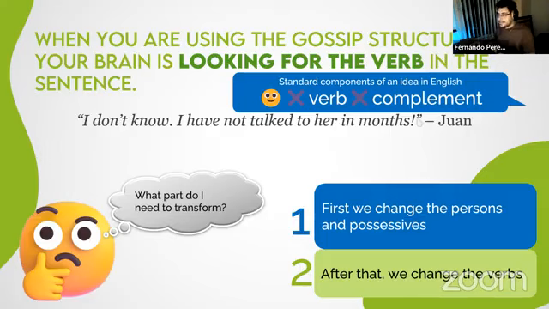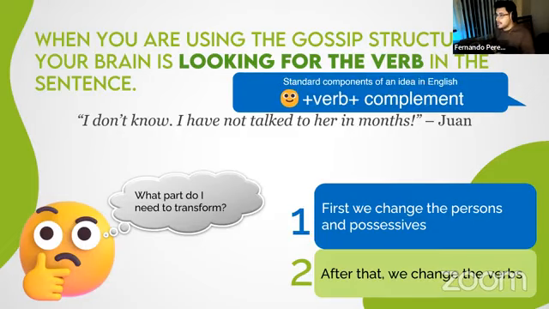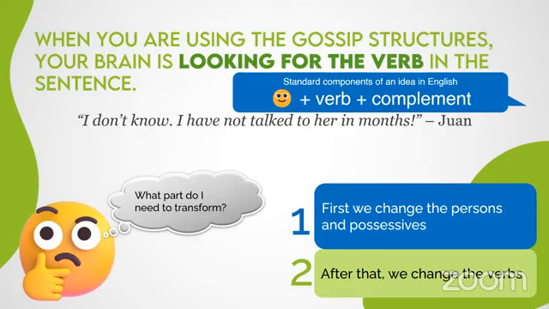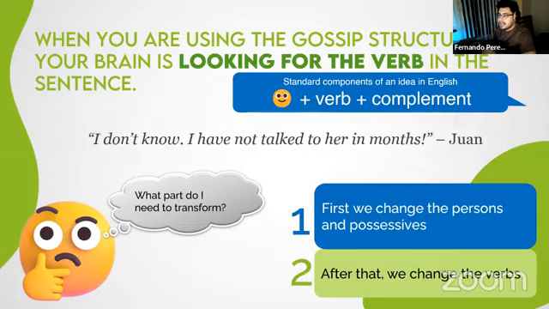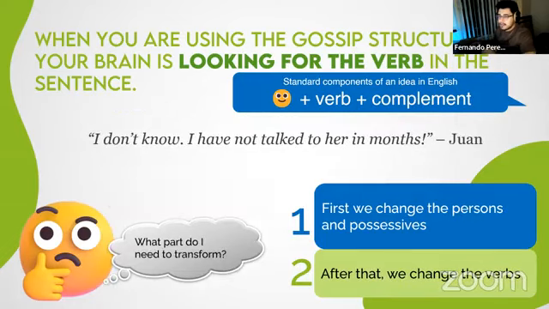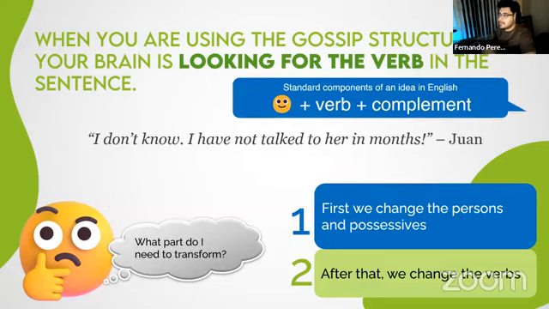These three are the standard components of an idea in English: the person, the verb, and the complement. Do you agree, yes or no? Yes. If we have this in mind, then we need to understand what components are the verb. We are looking for the verb. Remember, we are searching the verb.